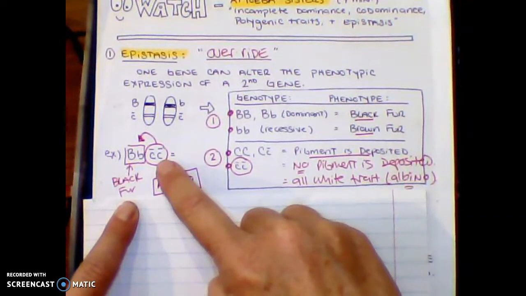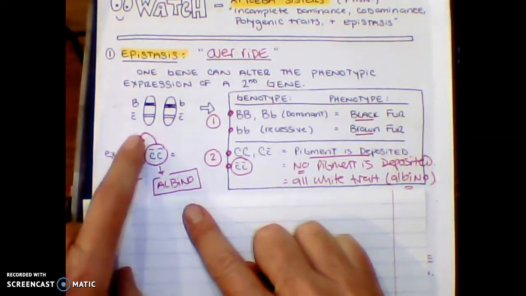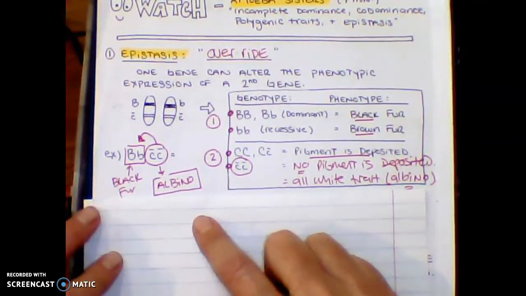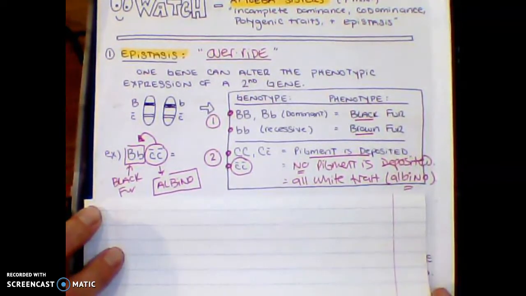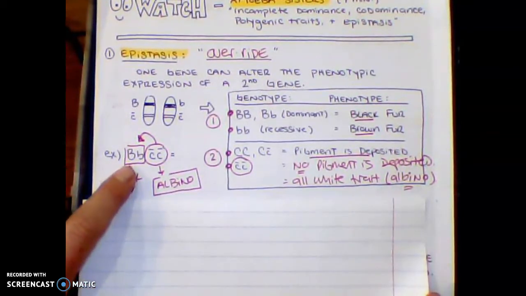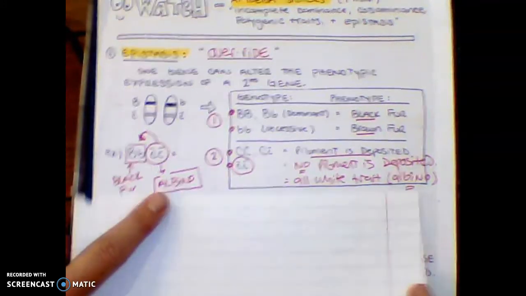But because we inherited 2 little c's, that second gene overrides this dominant trait, and now we are an albino. That is epistasis. Just remember, epistasis means to override, and it's a gene that we inherit that will override dominant or recessive traits and completely come up with something different.